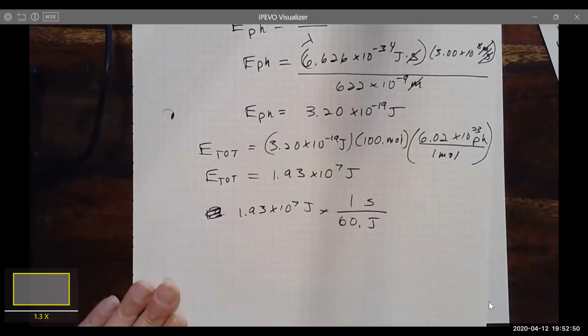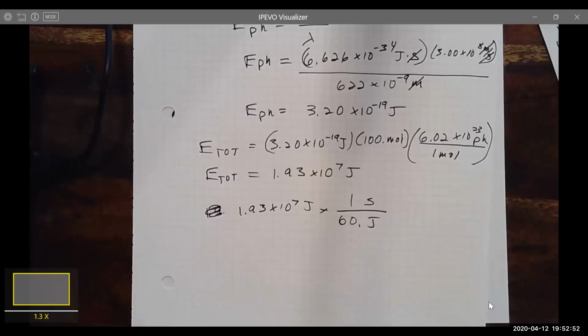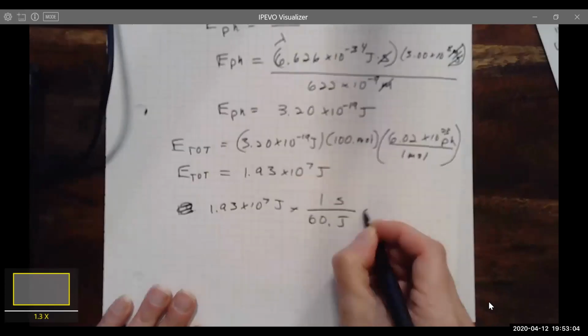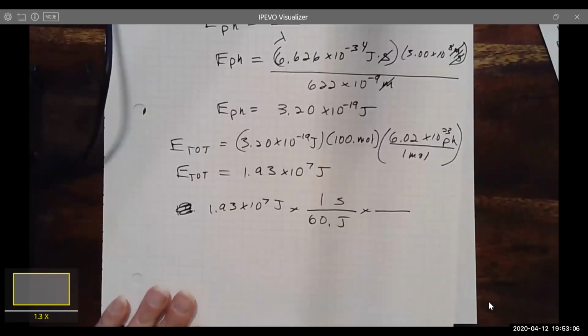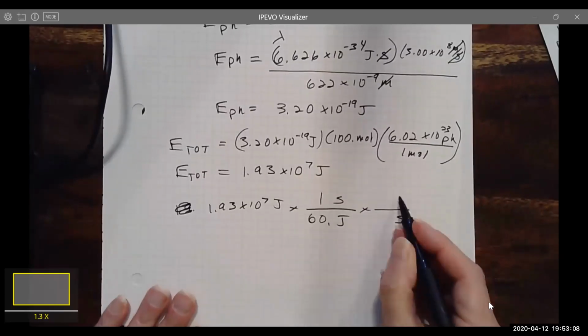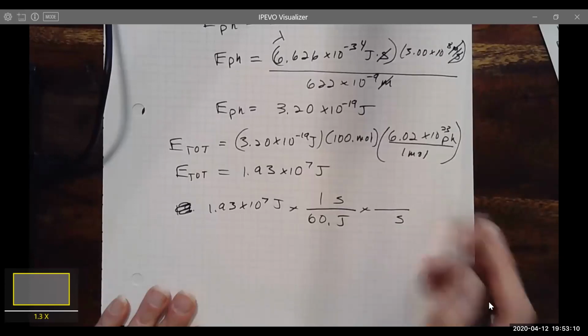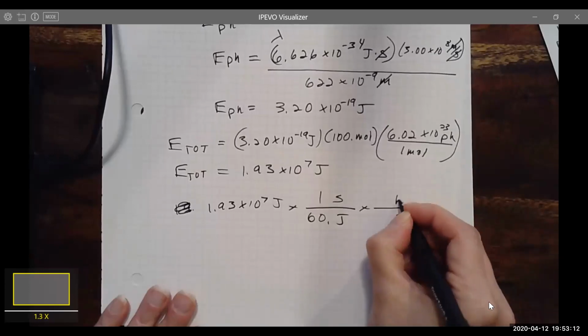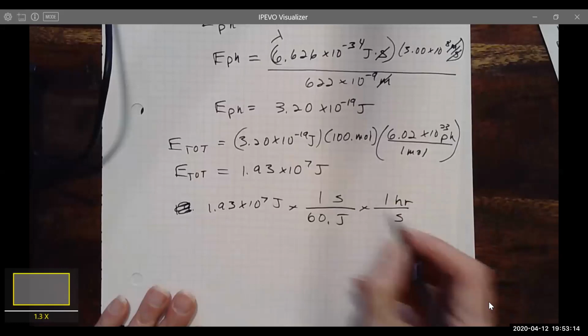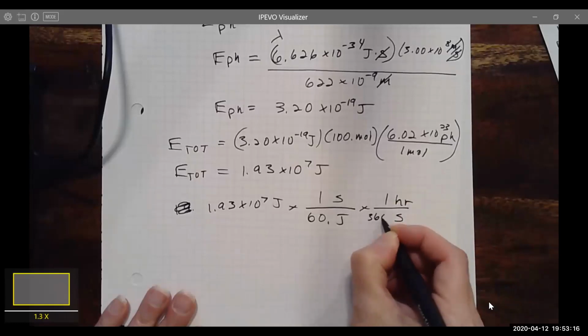Okay. Now, you can do that calculation and it would give it to you in seconds, and it comes out to be a really big number. So if you just did it on your calculator, I'm not even going to write it down. It's such a big number. So you can go from seconds to minutes and then minutes to hours, or you can go directly from seconds to hours if you realize that 1 hour is 3,600 seconds.